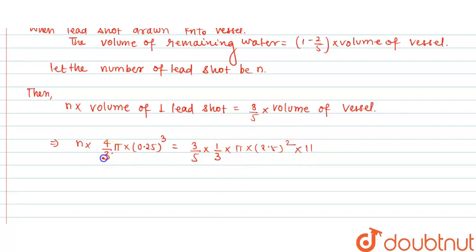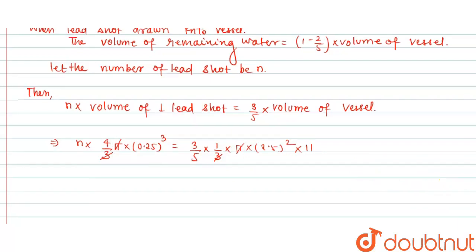Here 3 got cancelled, pi got cancelled, and now we will cross multiply the values. So the value of n is equal to 3 into 2.5 into 2.5 into 11 upon 4 into 0.25 into 0.25 into 0.25.